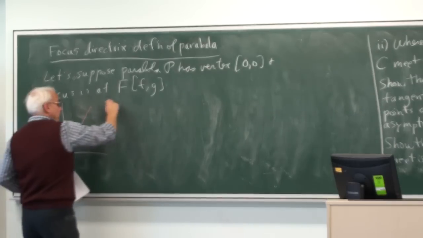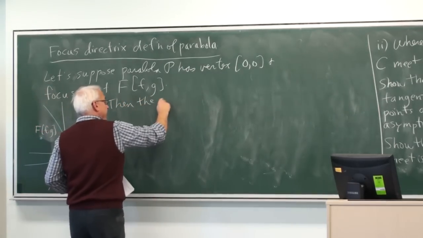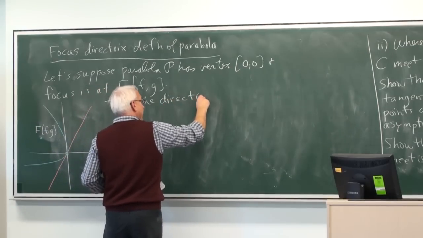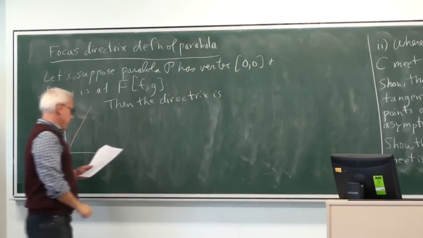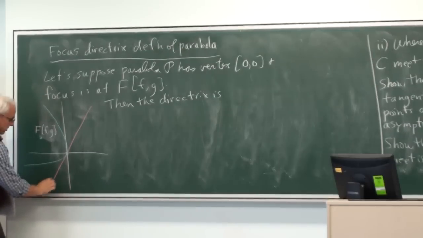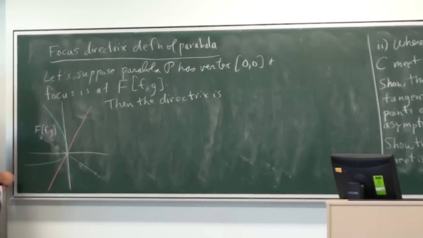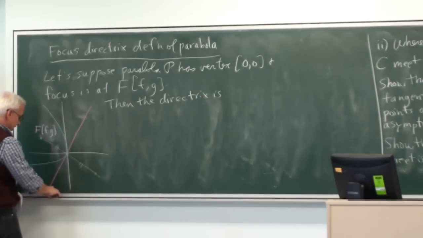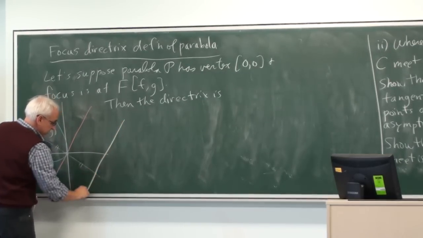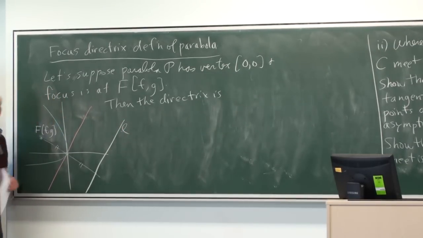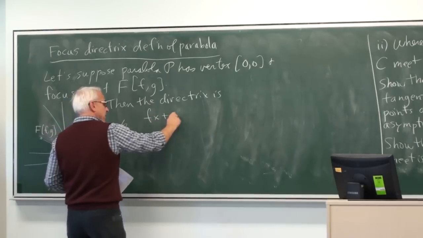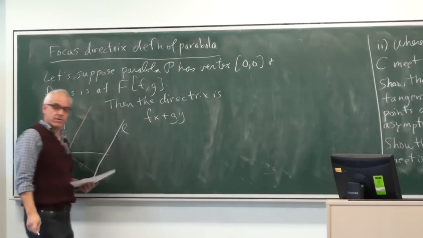Okay, then the directrix is well, it's going to be a line that's an equal amount on the other side of the vertex and parallel to this tangent. Let's draw it here like this. So there will be the directrix, let's call it L. And what's the equation of this line? Well, it has perpendicular vector FG, so its equation has to be fx plus gy equals something.